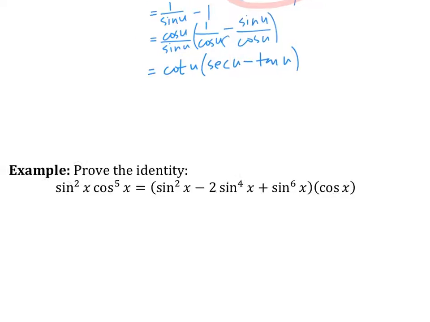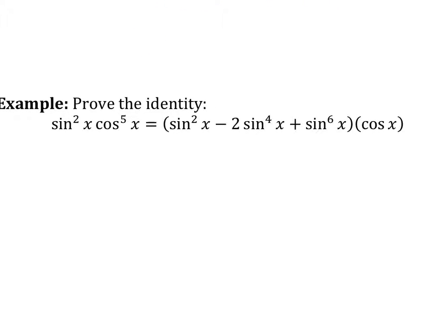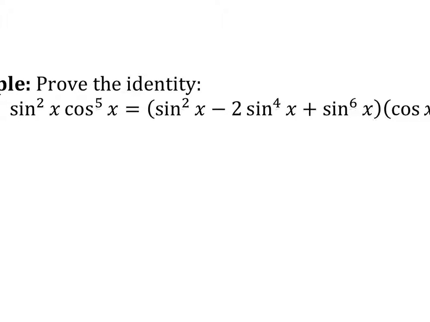Okay, let's look at this one. Prove this identity. All right, the right-hand side looks very complicated, but let's not change the right-hand side yet. Let's think about this whole thing. What do you see that is similar between left and right? Talk to your partner.